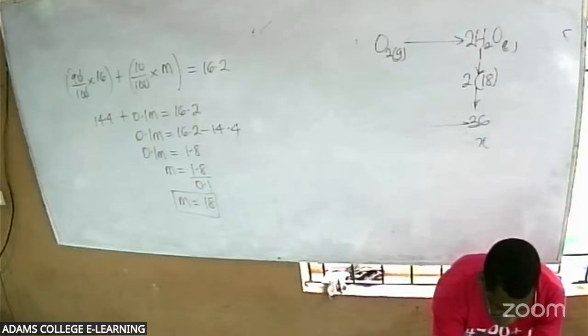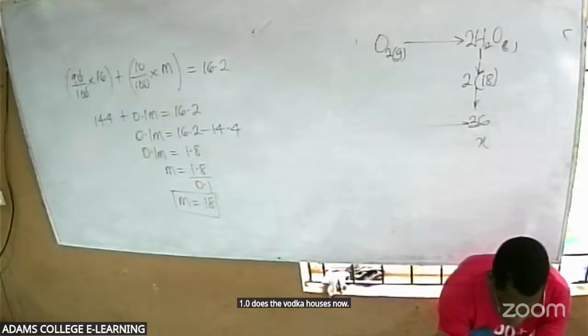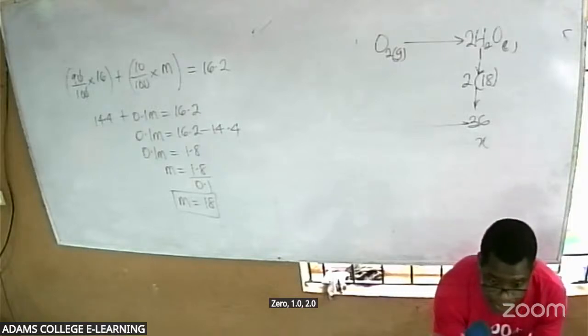On the left, it is 0, 1.0, not 10. Oh, that number 15, solubility. 0, 1.0. That's solubility per mole per dm. The vertical goes 0, 1.0, 2.0, and then 3.0.